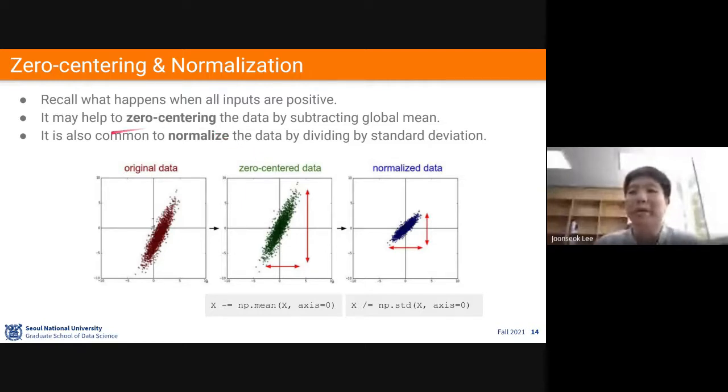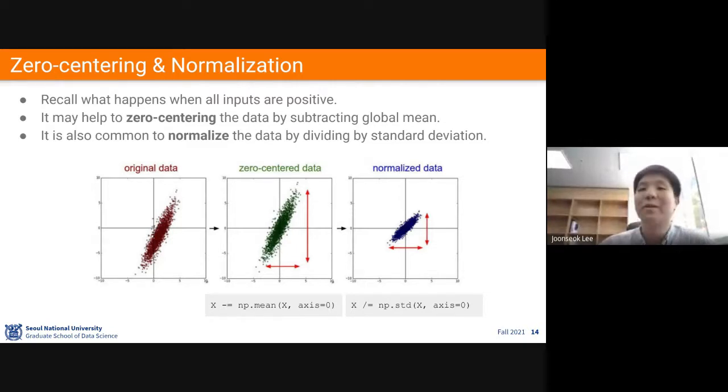So, to recall what happens: we use our images as is, but all of those pixel values are positive, and we had some issues when we use neural networks with sigmoid functions. Even though we can avoid that problem by using other activation functions like ReLU, still having all positive values in the input is not a good thing.